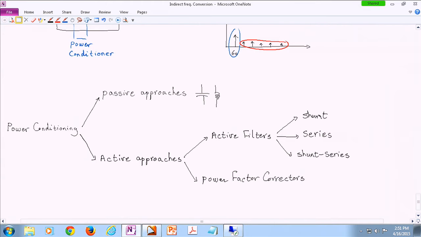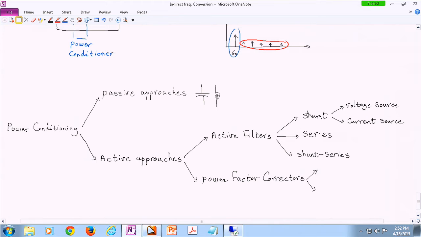And then you can subcategorize each one of them: is it a voltage source or a current source? Is the device trying to emulate the operation of a stiff voltage source or a stiff current source? And also, when it comes to power factor correctors, you can divide them into two categories.